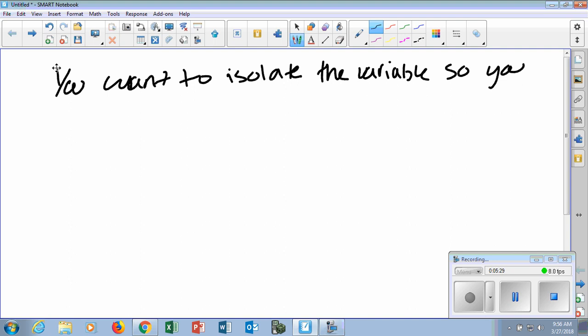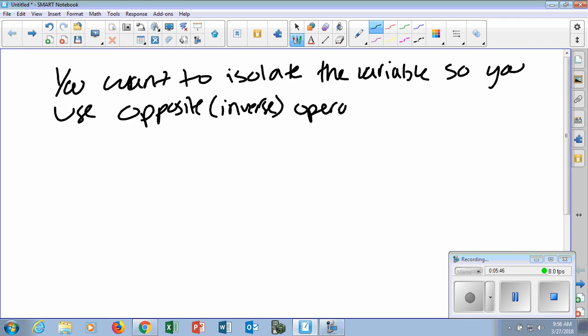So you use opposite, in other terms, the inverse operation, to get the variable by itself.